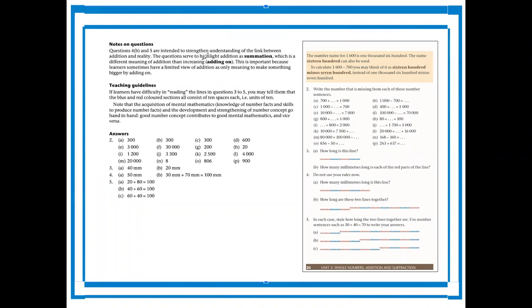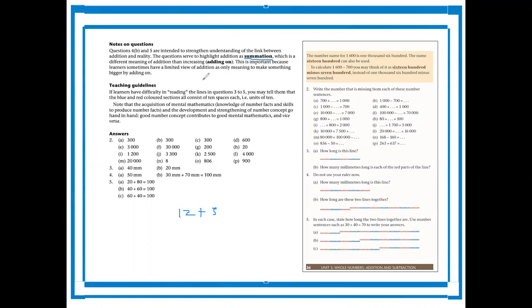So a lot of the time they won't just say 12 plus 3. They'll give you a real problem, like adding some fence to another fence, like the previous problem, that would be summation, which is still essentially the same as adding on. It's just a different way of thinking of it.